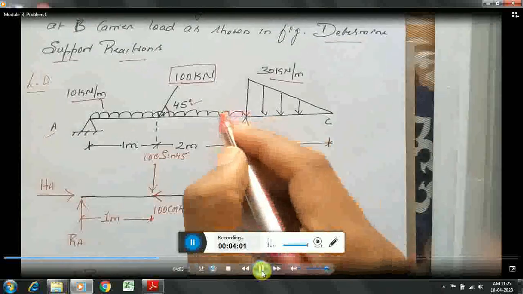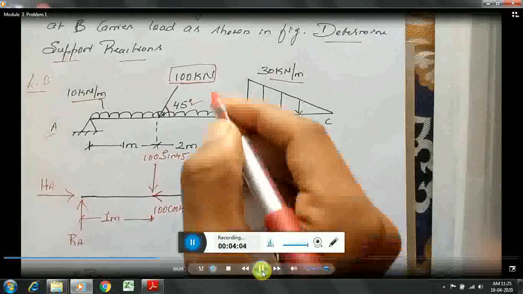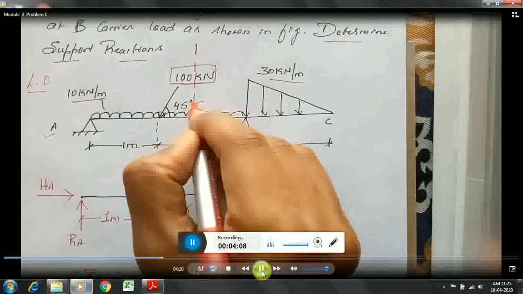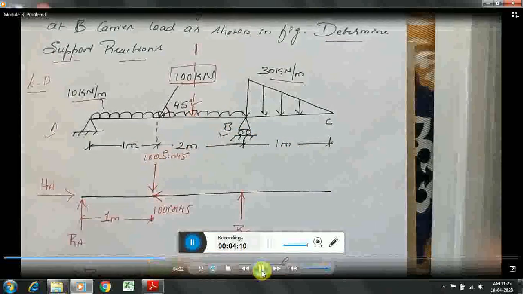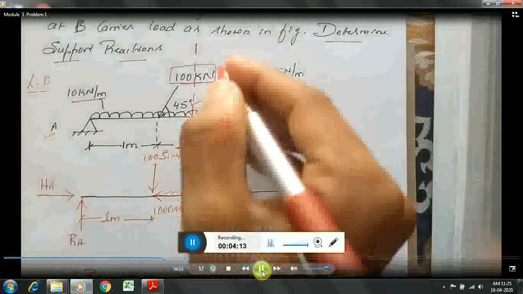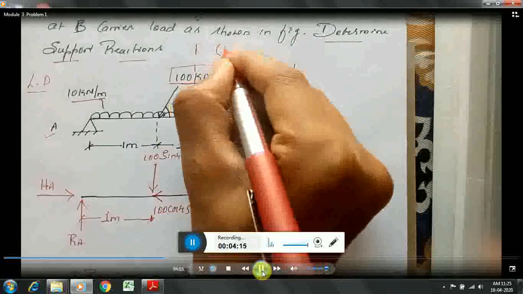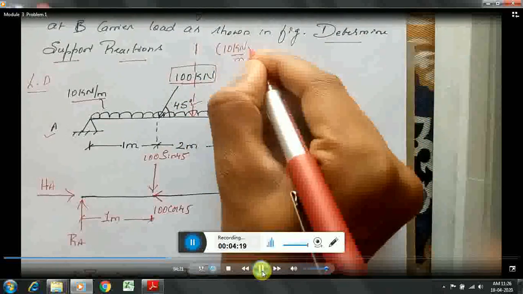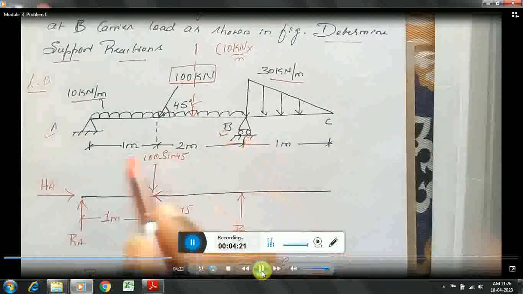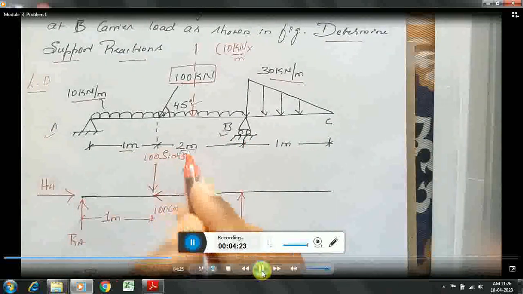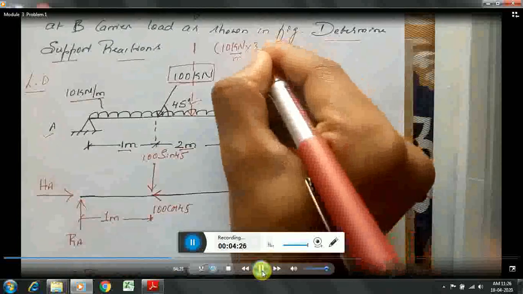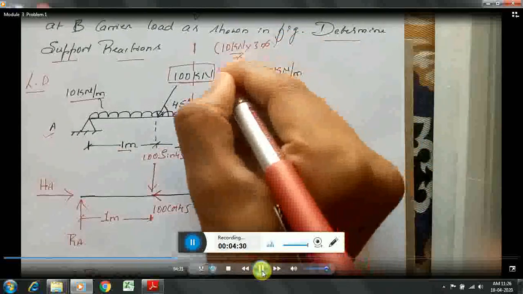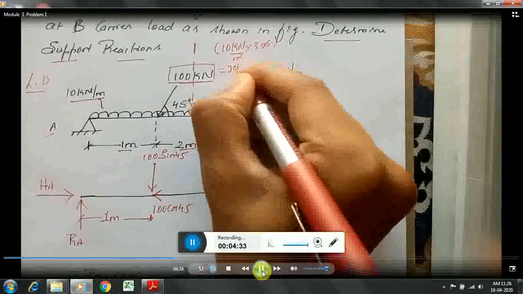Then we can convert this uniformly distributed load into a point load. How can I convert that? This is 10 kilonewton per meter multiplied by the span through which it acts, totally 3 meters. Meter and meter will cancel, so the value will be 30 kilonewton.